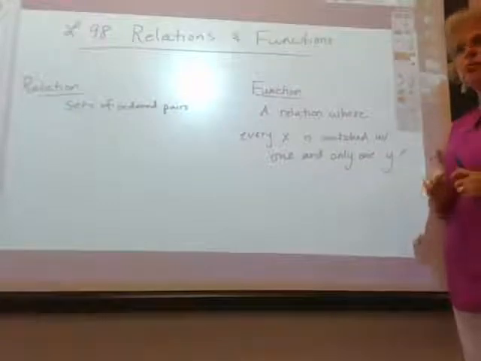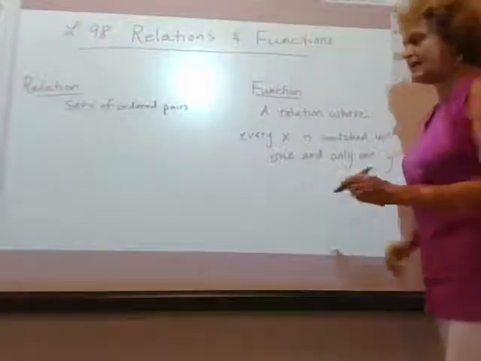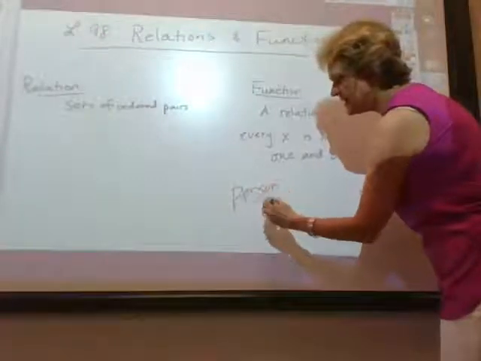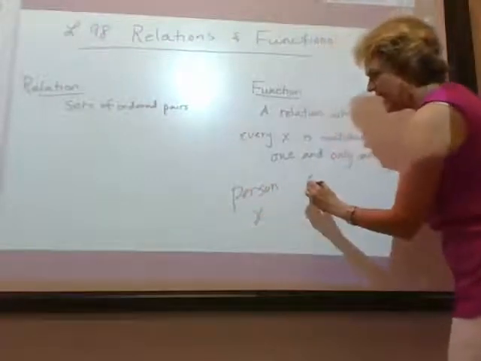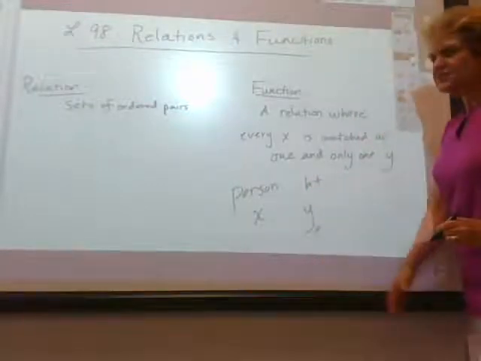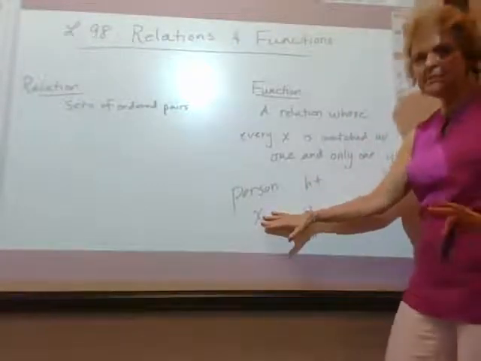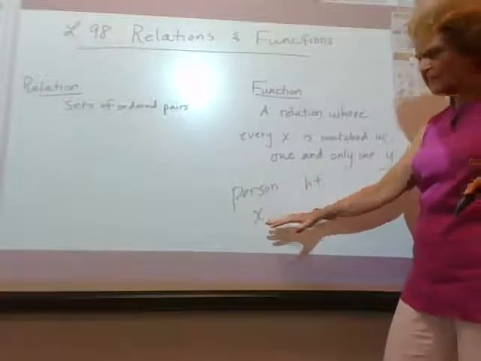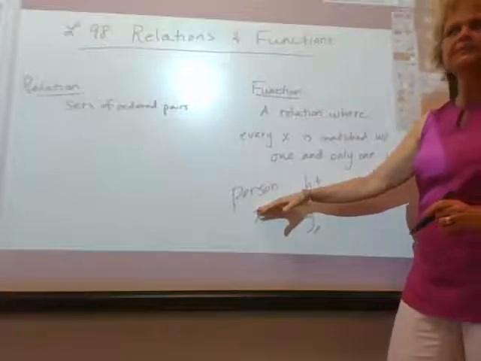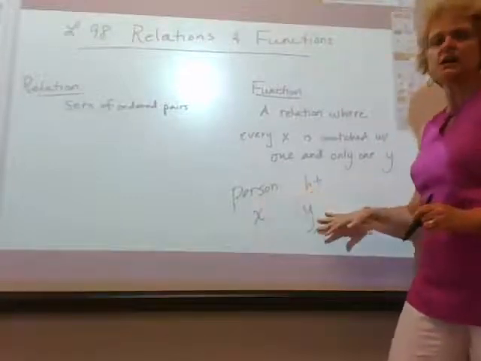One way that I explain this, and I think it helps people, is to think of the x as a person and the y as a height. One person, just in bare feet, at one time, can only be one height. Like Johnny can't be 6 feet tall and 4 feet tall.